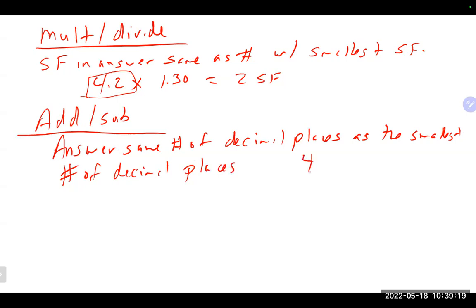So if we took 4.1 plus 2.00 and added that together, that is 6.10. In this case, we would take it to 1 decimal place, and we would just call it 6.1, which has 1 decimal place but 2 significant figures.